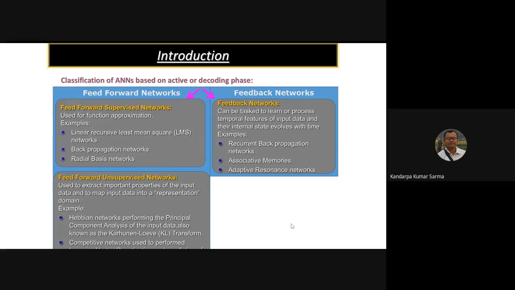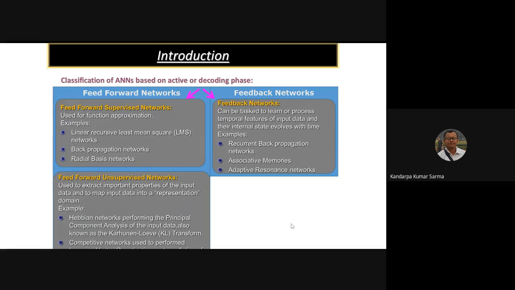Now, in the supervised class, we will primarily be going through in much detail the multi-layer perceptron. That is the most common multi-layer perceptron that works on the recursive least mean square optimization.